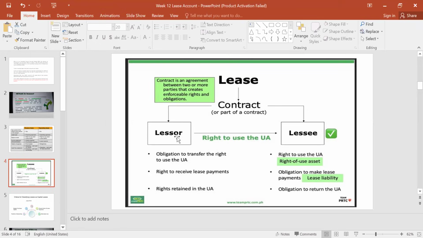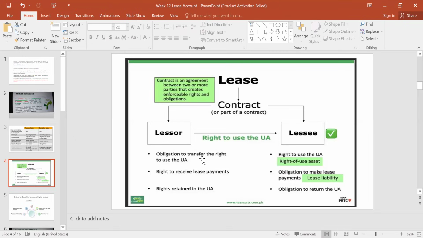Lessor means owner, lessee means user. Right to use the used asset: from the lessor's perspective, you have to give the right to use the asset, and some points from the lessor's perspective are discussed here.